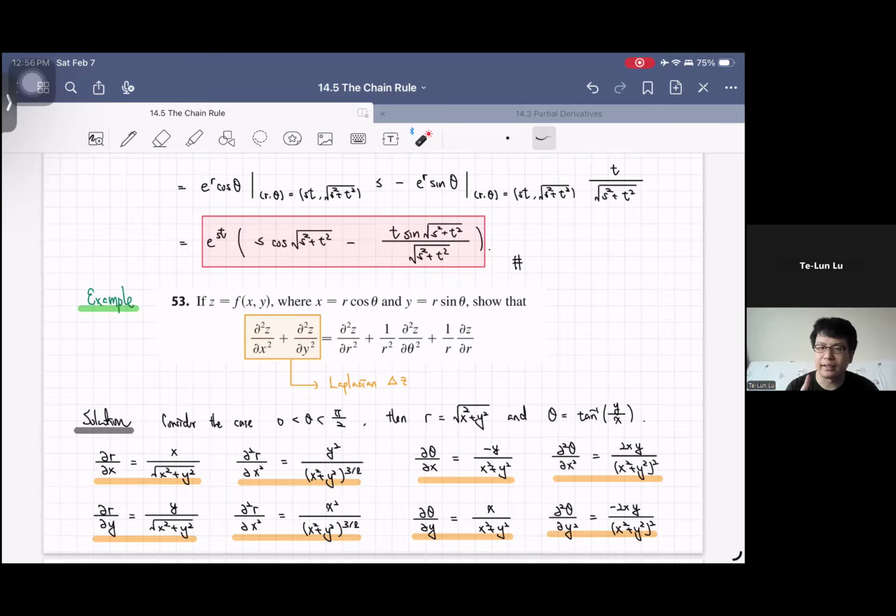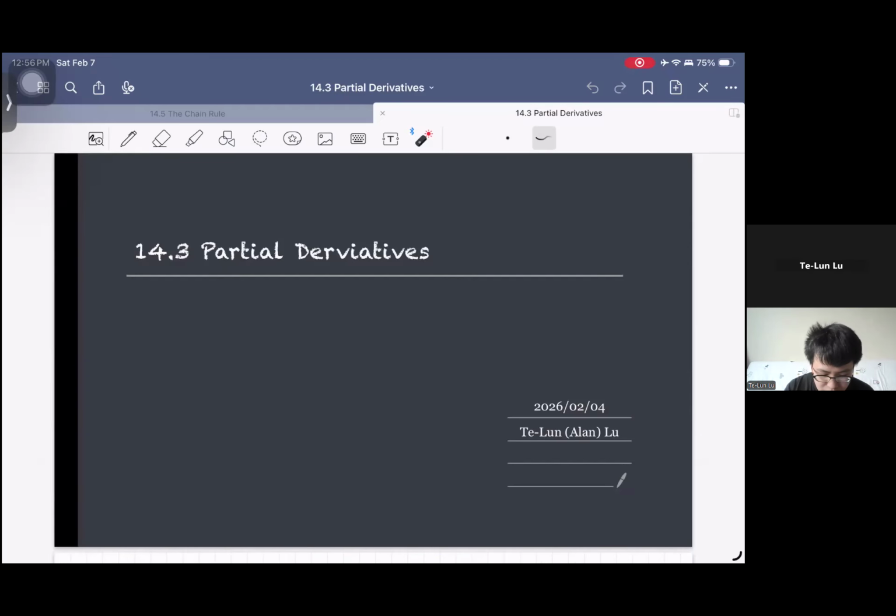So it is f of x of r, theta, y of r, theta. And we want to show that the second derivative of z with respect to x plus the second derivative of z with respect to y can be given by this formula. This is actually a really nice identity in the sense that the left-hand side here is a very useful operator named the Laplacian. If you recall, we introduced this in 14.3 on partial derivatives.